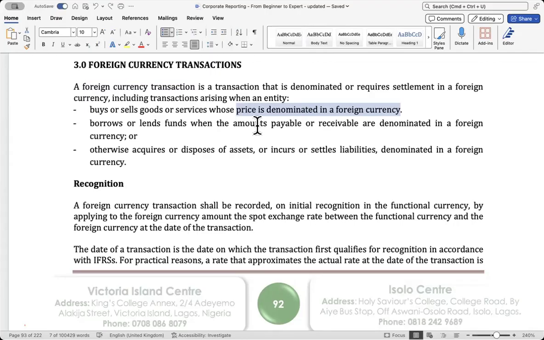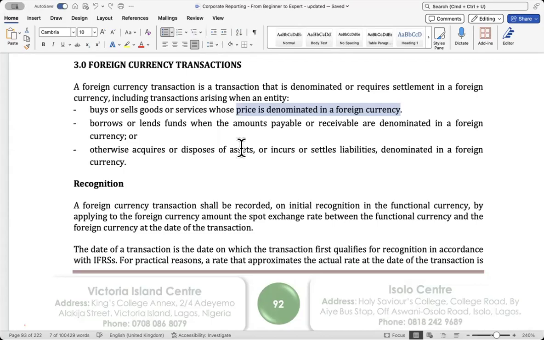Or you bought or sold assets, and they are denominated in foreign currency. Any transaction, or you have to pay salaries, and they are denominated in foreign currency. That is a foreign currency transaction. When a Nigerian company, I have to use Nigeria because that's where we are right now, consummates transactions in other currencies, in another country, then that is a foreign currency transaction.